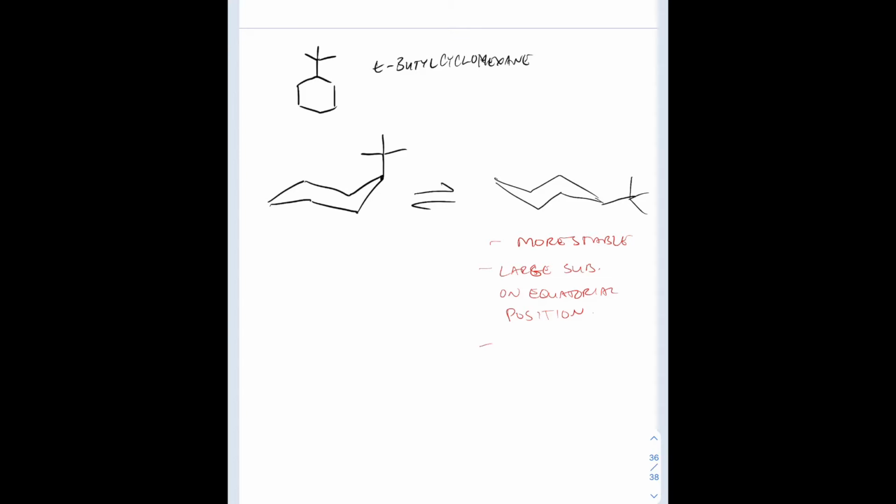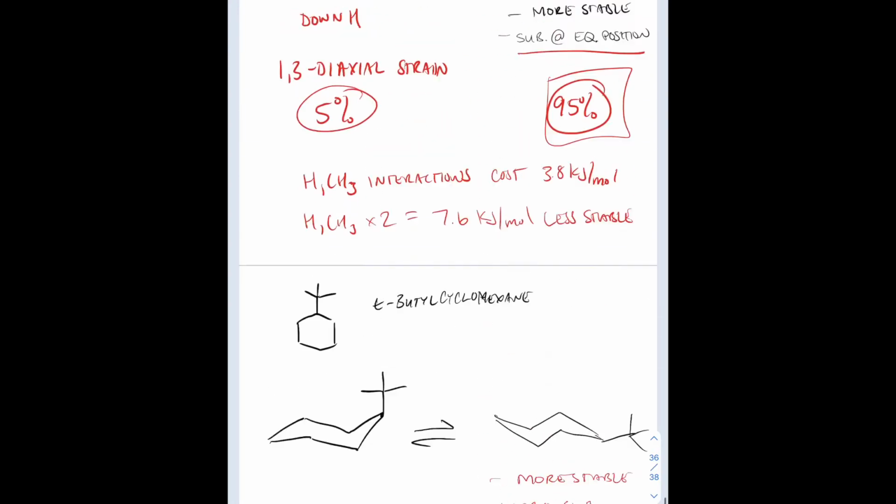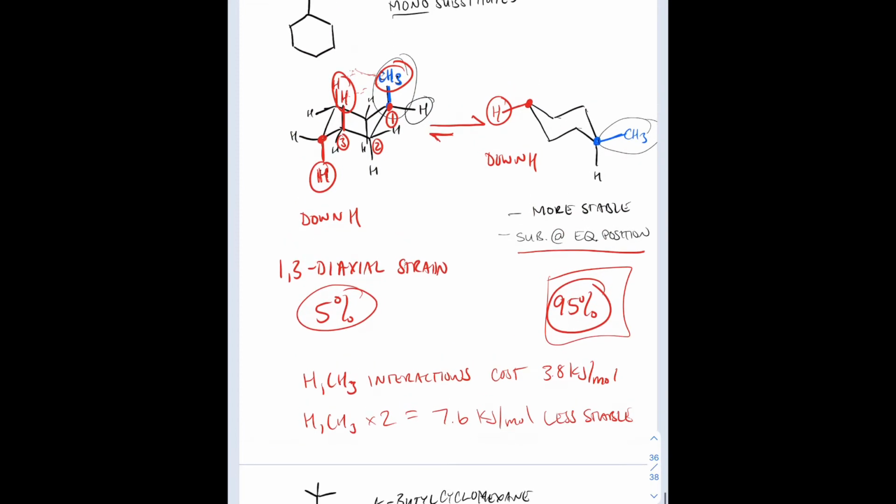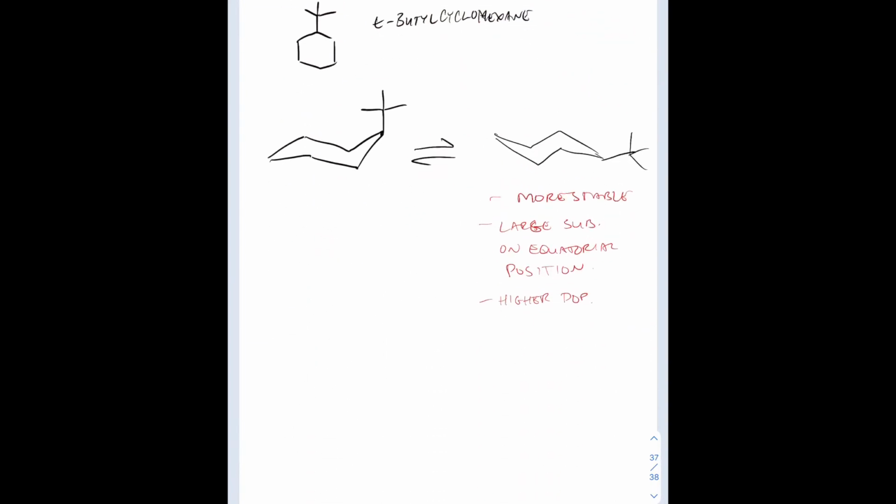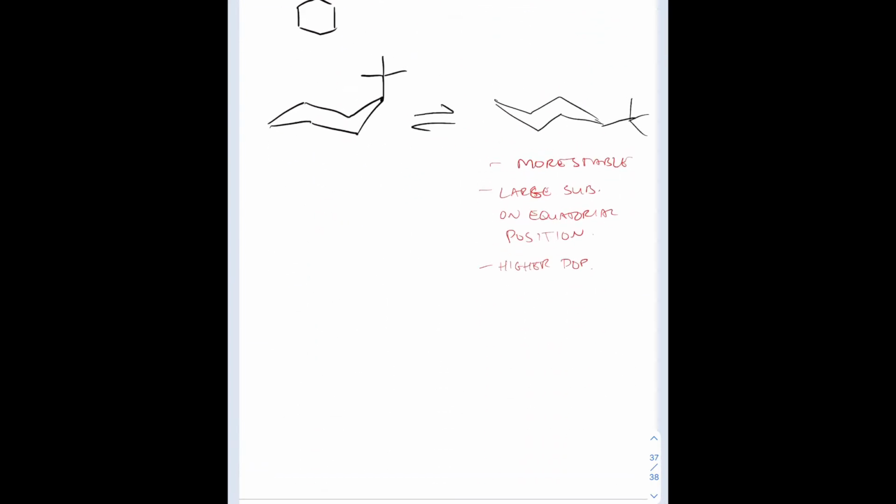All right, let me ask you the next question. Since it is more stable, that means there's a higher population of this species, as opposed to this one right here. So what do you think the percentage might be? If an itty-bitty methyl group is a 95:5 ratio, then what do you think this is? It's kind of a trick question, because it's actually 100% the structure on the right.